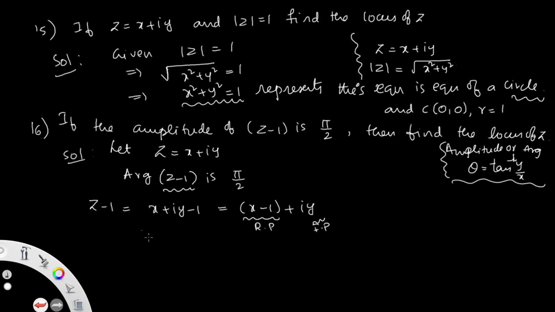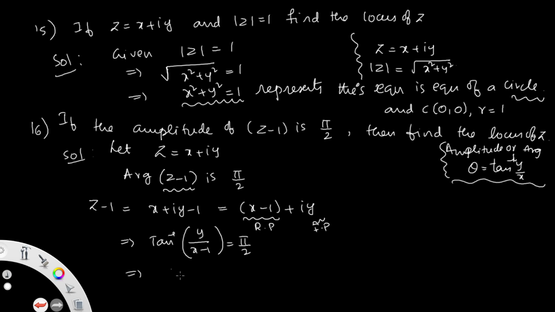Therefore, the question says the argument is pi by 2, that is tan inverse of y by x minus 1 equal to pi by 2.